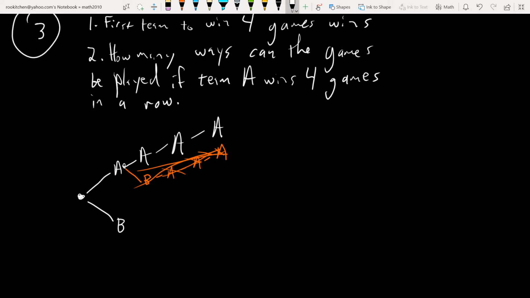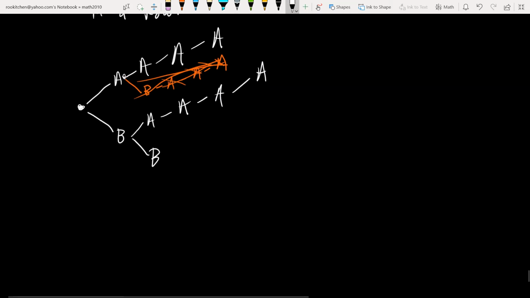Right, so at the second step, there's 2 things that happen. Either A wins or B wins again. Okay, if A wins, then again, it has to win the next 4 games. Okay, so we'll presume then on the other hand, B wins, right? Okay, after B wins, 2 things could happen. Either A wins.